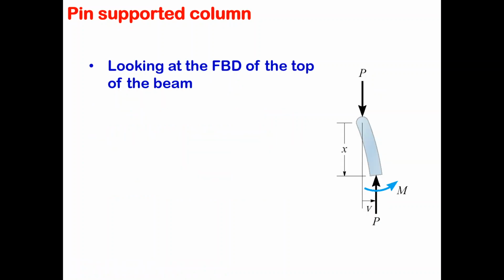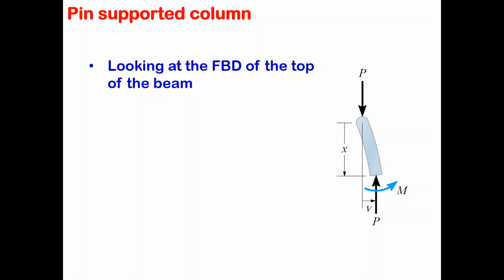So making the assumption, the first thing you need to do is write the free body diagram for a section of the beam that is cut from the top, right? We have the compressive load P at the top here, and if you cut it anywhere, you will have a moment M and a P applied.